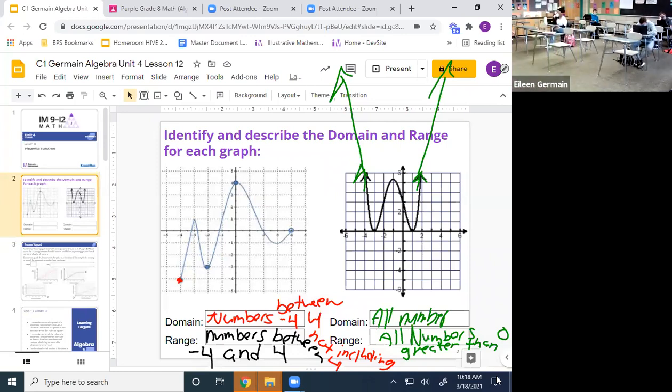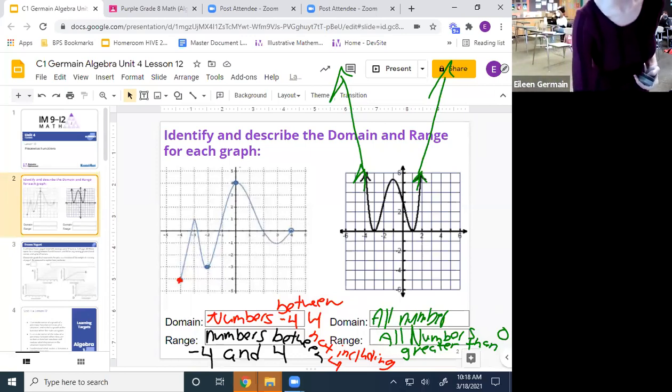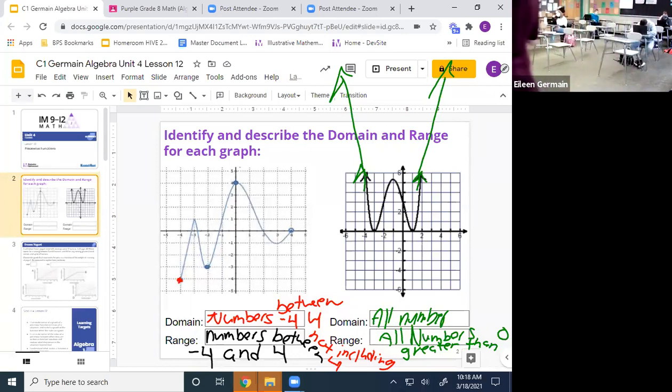So we're taking it a step back and we're just describing them with sentences, okay? We're going to do a lot more practice with this. So don't feel like if you're not understanding it at this point you are lost, because between now and the end of the unit, we're going to talk about domain and range every single day, including again today, okay?